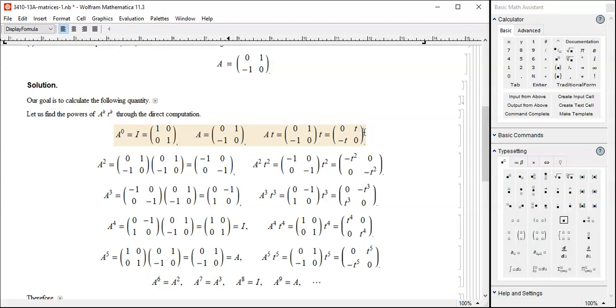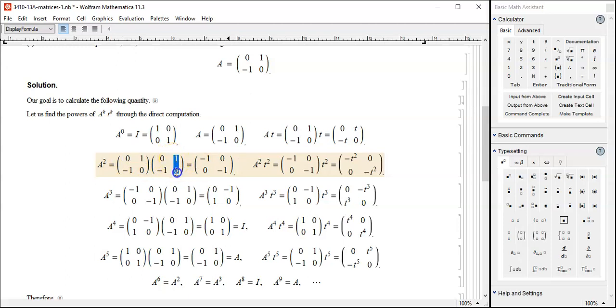Now, A squared. Here's the A squared computation, A times A. So first row times first column, 0 times 0 plus 1 times negative 1 is negative 1. That's what I meant to say. Sorry about that.